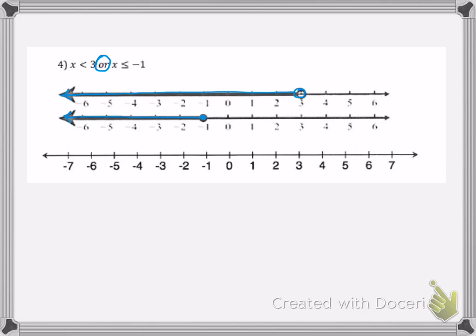So the greatest value that one of the graphs has is at 3, but it's an open circle. So we can use that because one of the graphs has it. And then we're going to shade all the way to the left because any of the values from the left of 3 are in either of these two inequalities. So the graph of our OR graph here is actually just one piece.